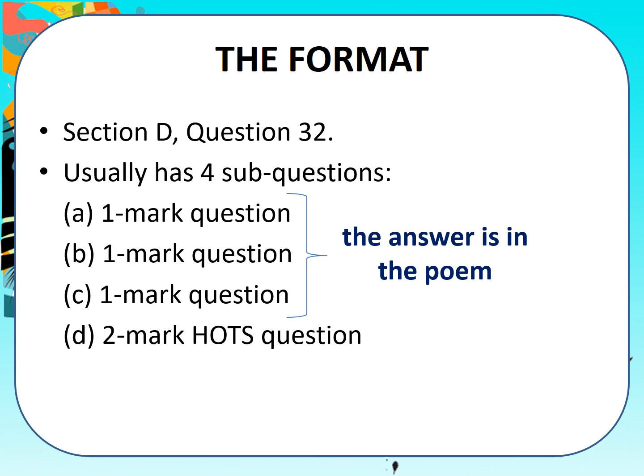However, listen carefully, recently in SPM and SPM trial questions, you may find a HOTS question in A, B, or C. A question asking you why. The answer actually is in the poem, but you need to think a bit. But the answer is still in the poem.